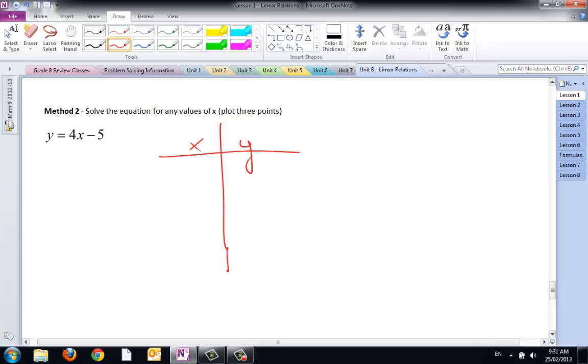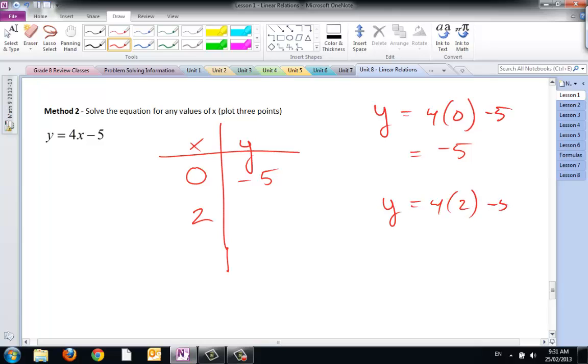So to make our life easy, the first one that I'm going to plot is an x of 0. Well, I can see that y then becomes 4 times 0 minus 5, so y equals minus 5. That's super easy. And just because I want to make my life easier, I'll pick a value like 2. So y equals 4 times 2 minus 5.